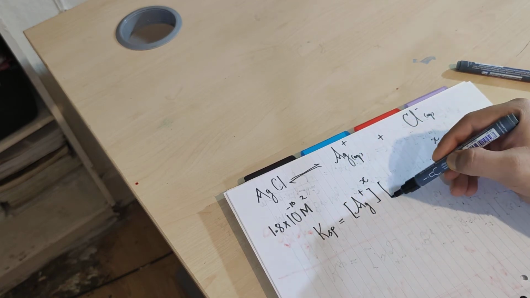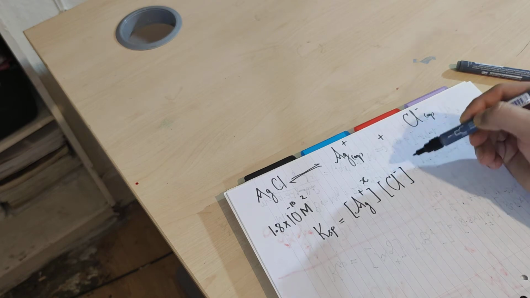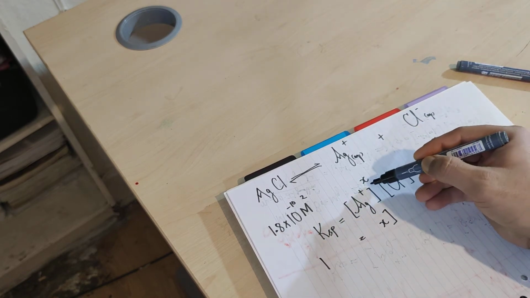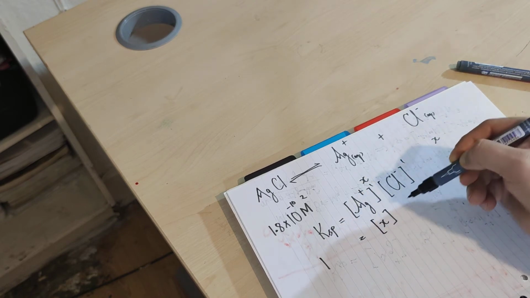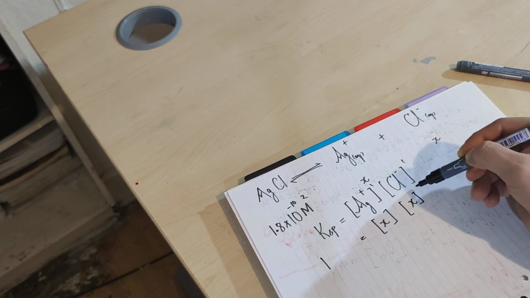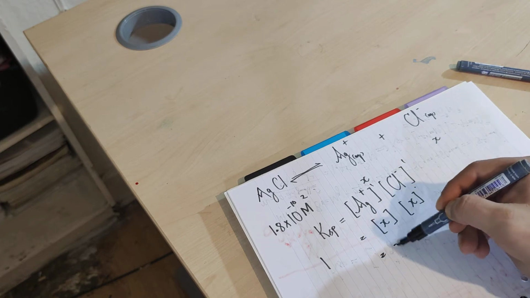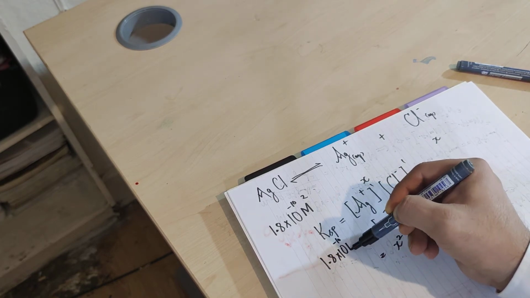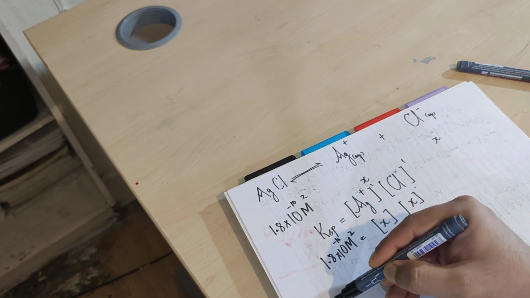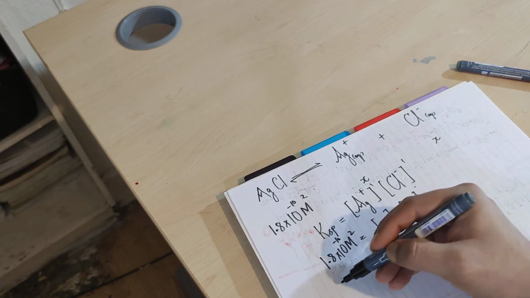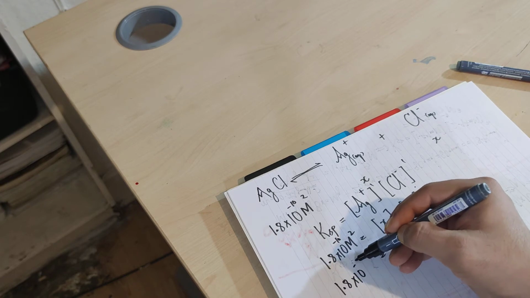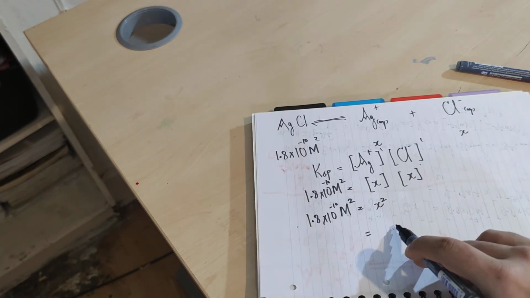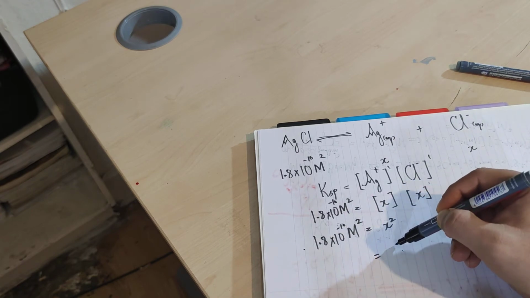And so you'll have to put x here to the power 1, and then you have to put x here again, and then you have to do x squared equals 1.8 times 10 to the power minus 10 molarity squared, writing it over and over again, and you'll have to underroot it then.